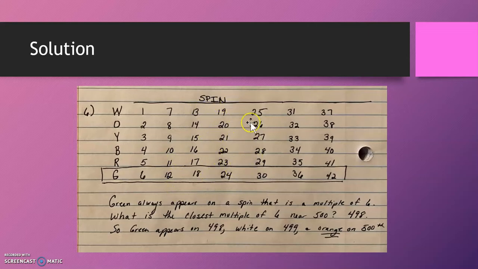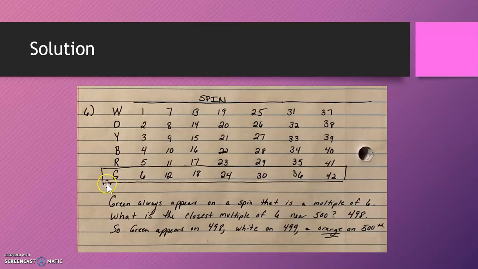There really was no rhyme or reason, but I just decided to stop at 42 and take a break and look at the data to see if I could see any unique pattern that would pertain to any one of these colors. Because if I could figure out a pattern for one of these colors, since there are 6 total, I could look to see if whatever number's close enough to 500 would be divisible by 2, 3, 4, 5, or 6, and know the color that would happen on a digit near 500.